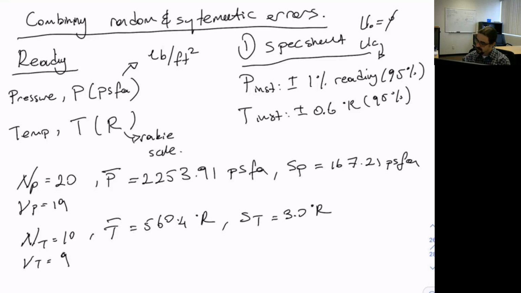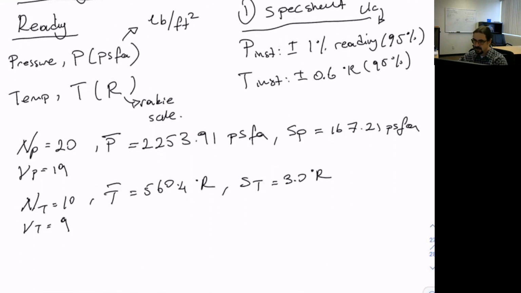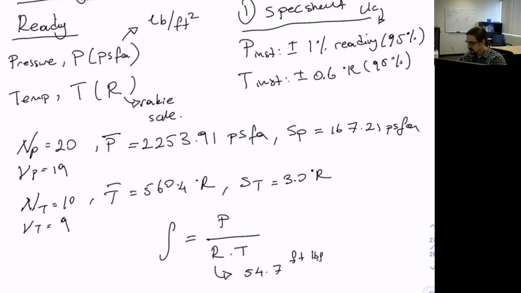So the question is, using these two terms, pressure and temperature, I'm calculating a gas density, where the gas density rho is defined as pressure divided by R times T. Here, R is the gas constant, given as 54.7 feet pound force per pound mass Rankine.